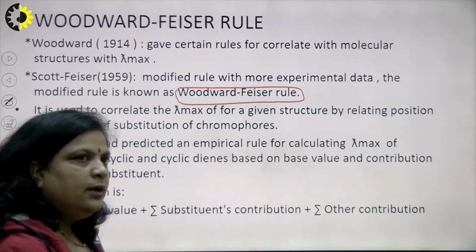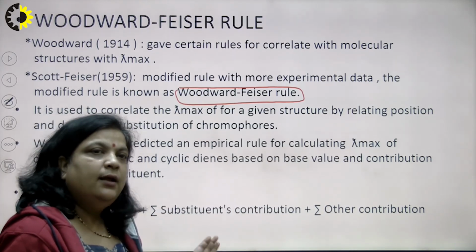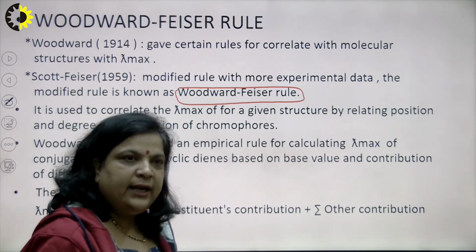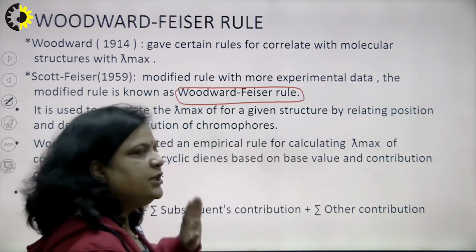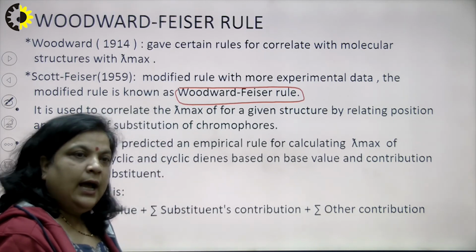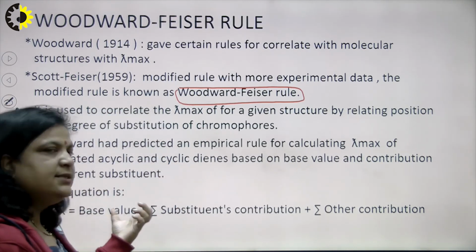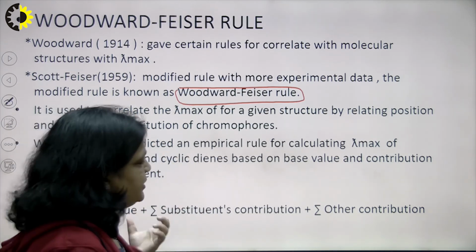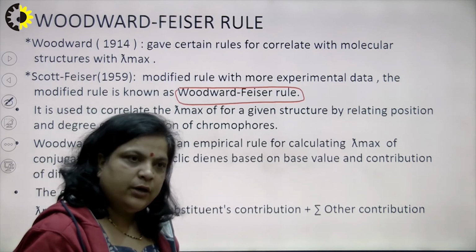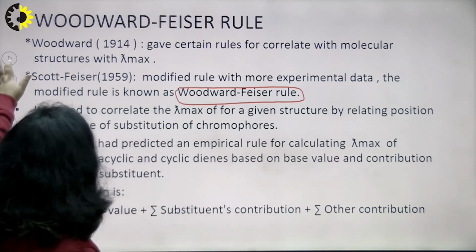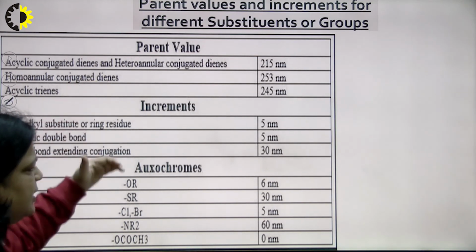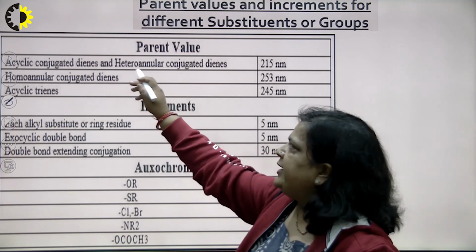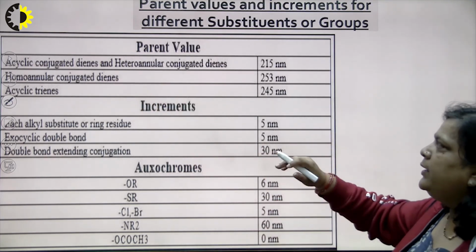And what is the rule? This is used to correlate the lambda max of a given structure by relating the position and degree of substitution of chromophores. And what is the formula? The lambda max is equal to the base value plus substituent contributions plus other contributions. Let us take an example. This is the parent value of a conjugated diene in heteroannular.